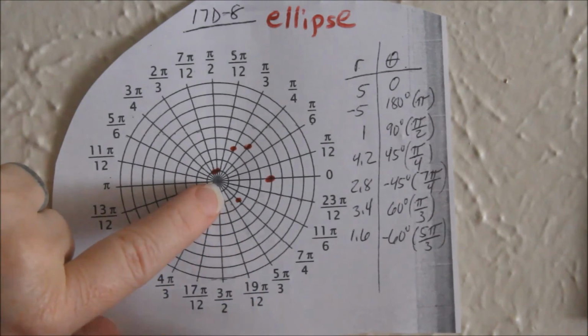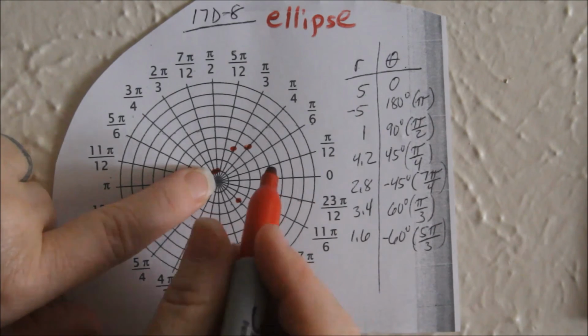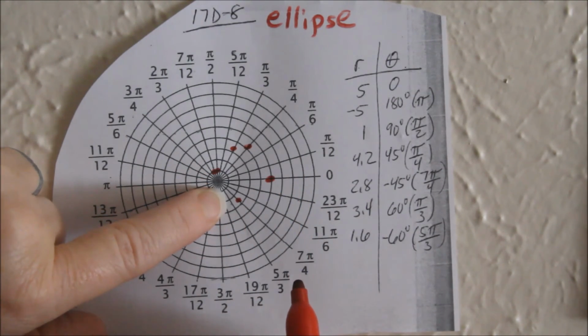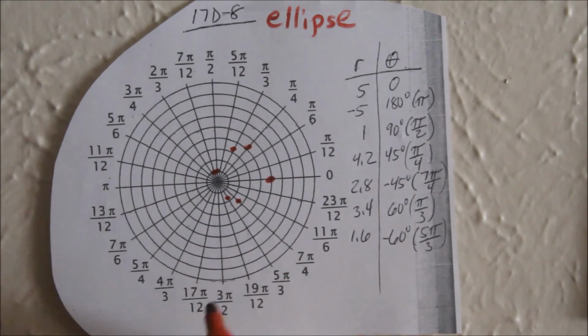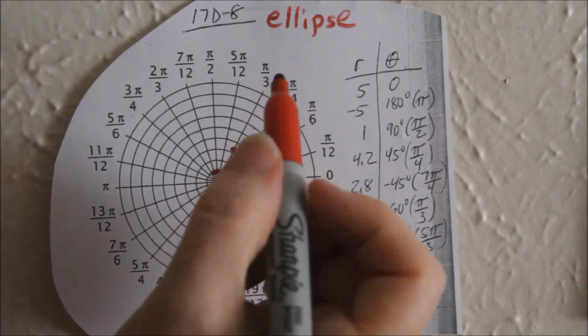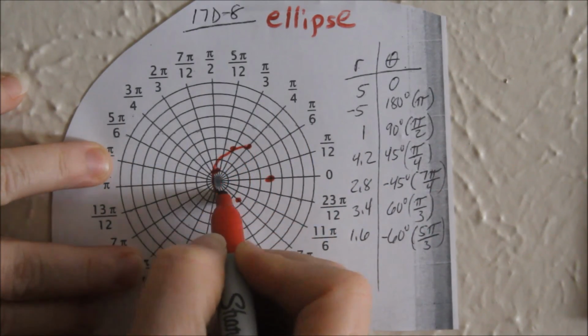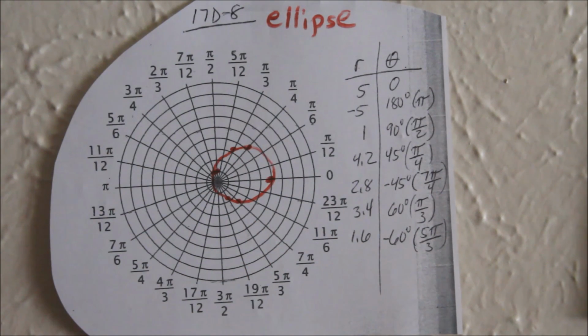I'm going to follow this line and count out 1.6 circles, starting in the middle, 1, and it's going to be somewhere right in there. I told you it was an ellipse, so is this enough points to connect everything together? Connect your dots and do the best you can to make an ellipse.